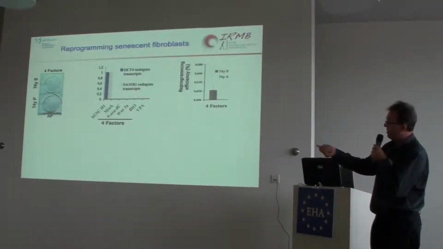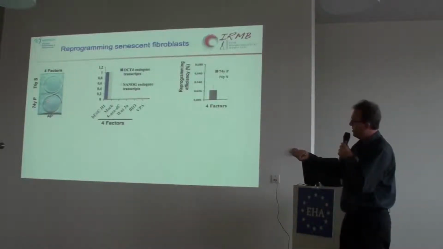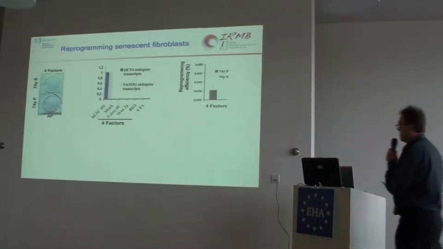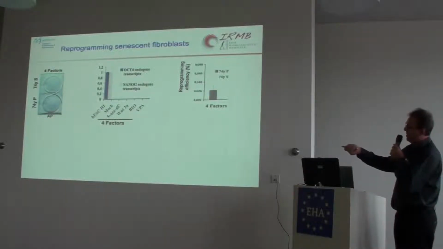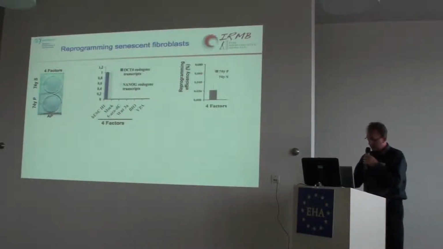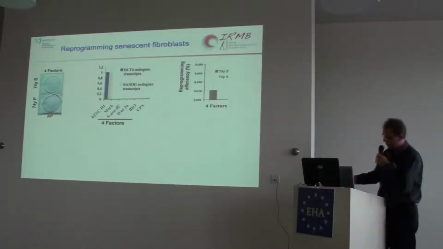I've presented here on this wall, there are some colonies with alkaline phosphatase appearing with proliferative, not senescent, cells. And when we tried to improve the efficiency with modulators of the chromatin, it did not work at all, and we only obtained colonies with the 4 factors on proliferating cells.